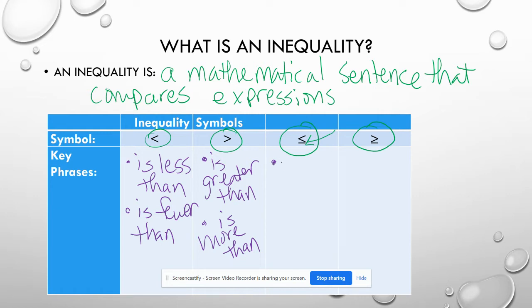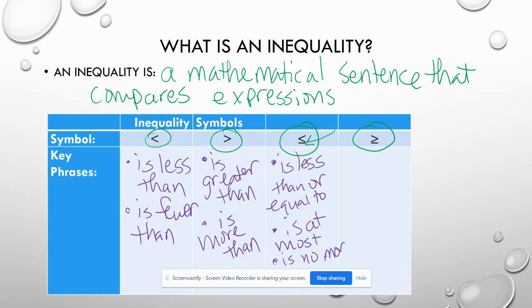Our next one is less than or equal to: "is at most," "is no more than."